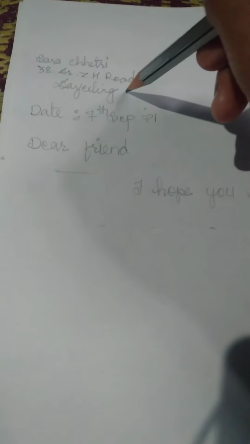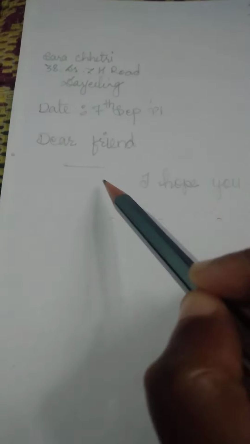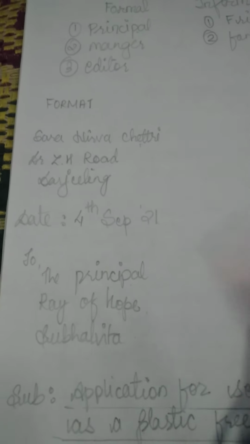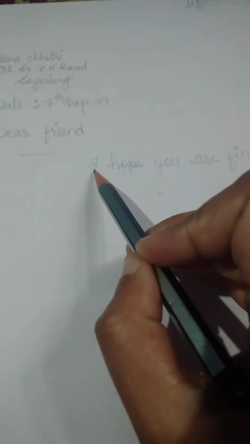The sender address is similar, the date is similar, but you don't have to write the address of the receiver in an informal letter, whereas you have to write the receiver address in a formal letter.